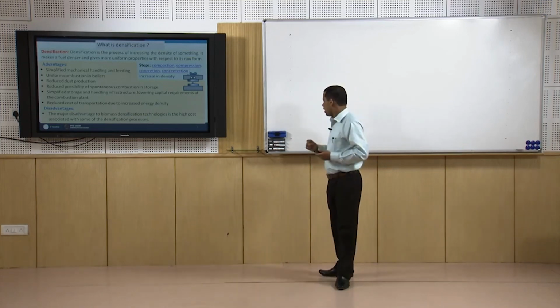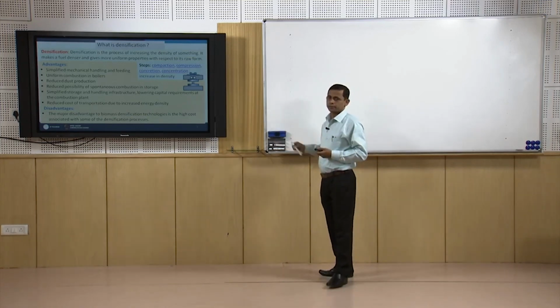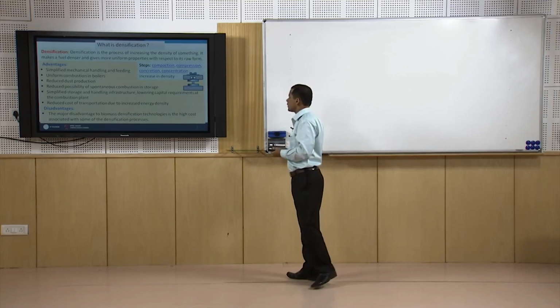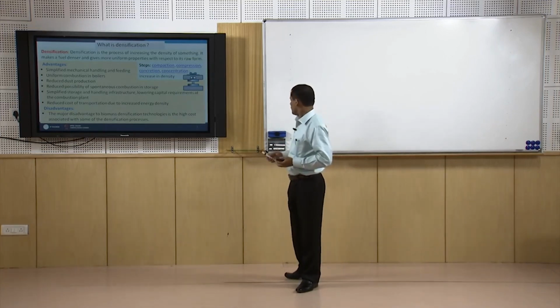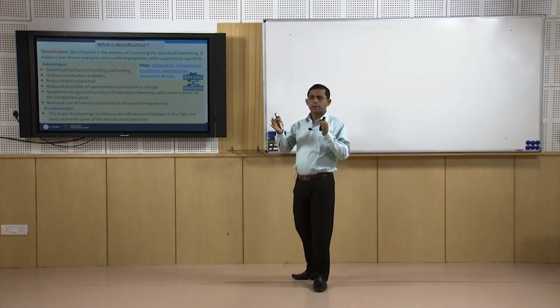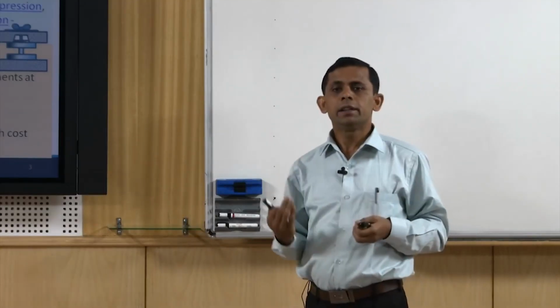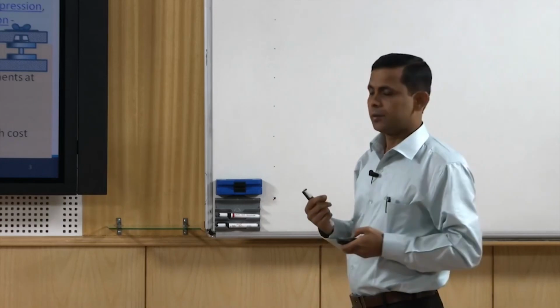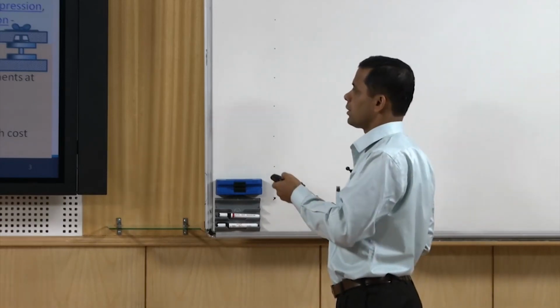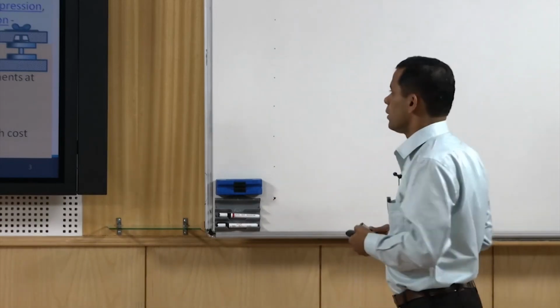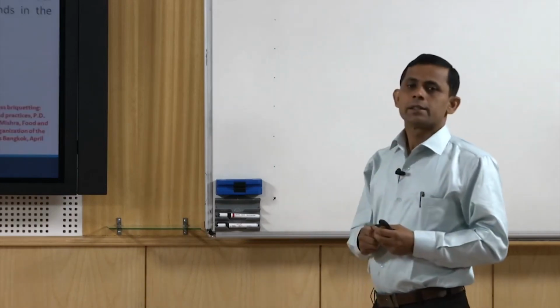Now, let us see how the briquettes can be produced. For the production of briquettes, at first the particles are compacted, then compressed, and then concretion, and finally we get the concentration of the particles and we get the densified material. Now, let us see the mechanism.